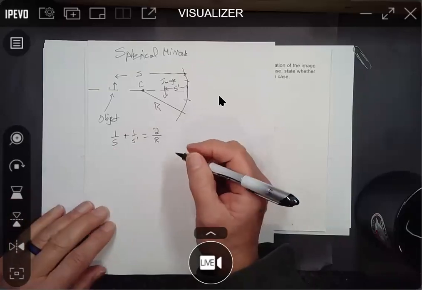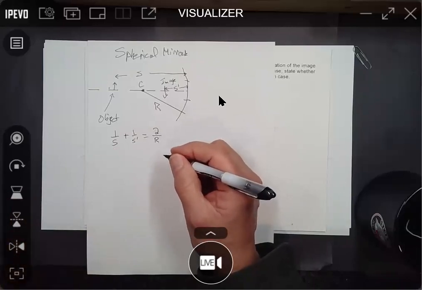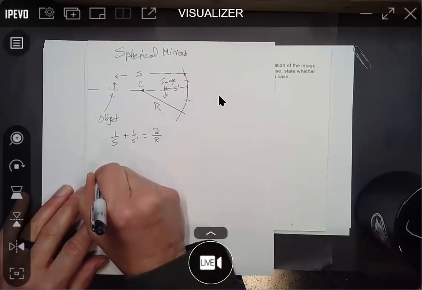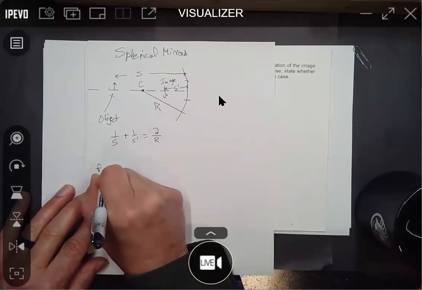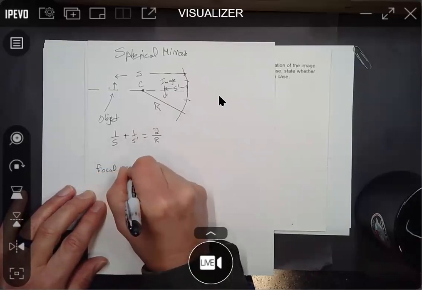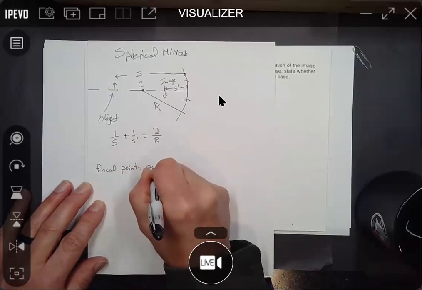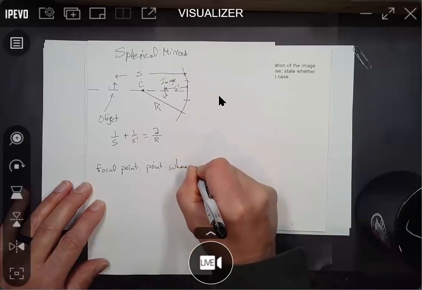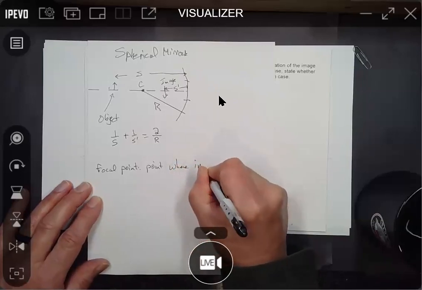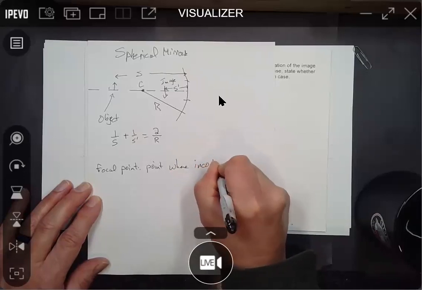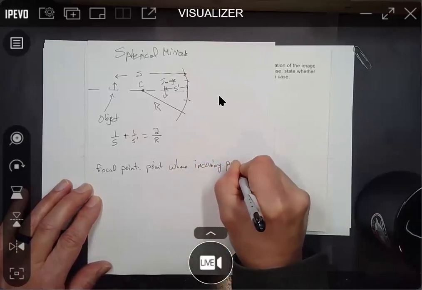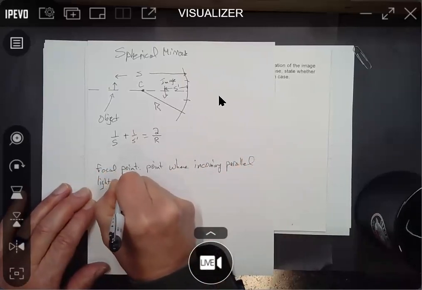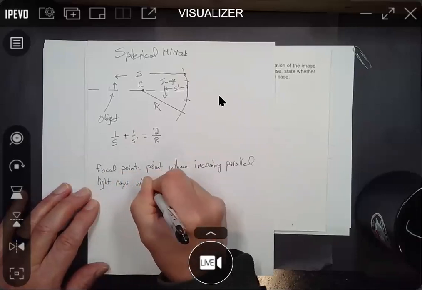Well, yesterday I introduced the idea of the focal length, or the focal point. That's the point where incoming parallel light rays will focus.